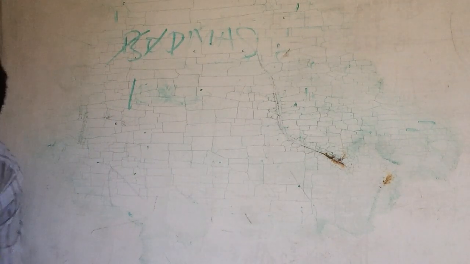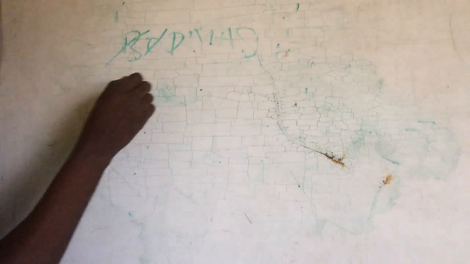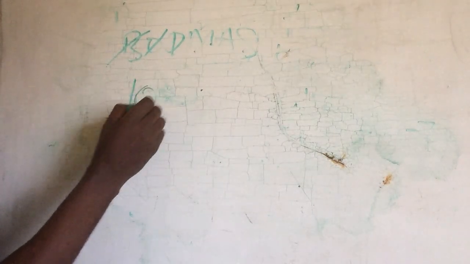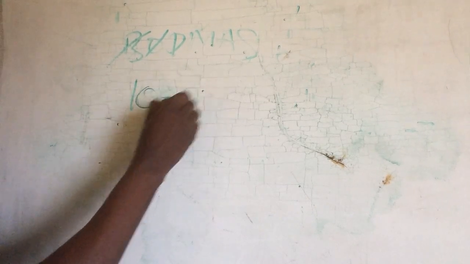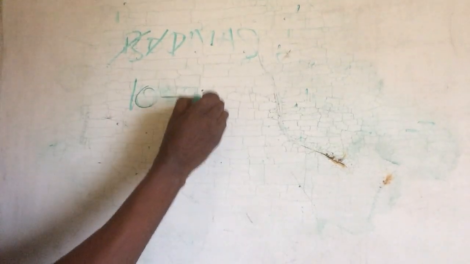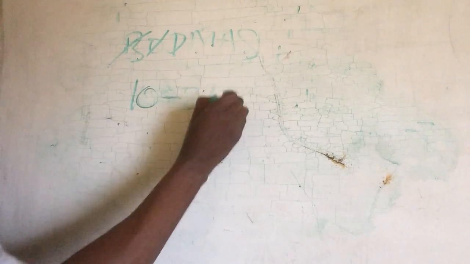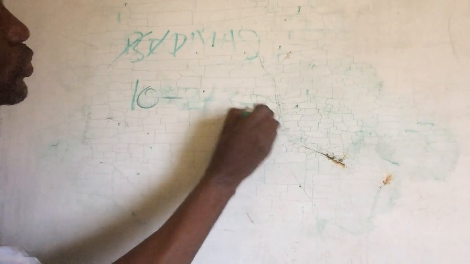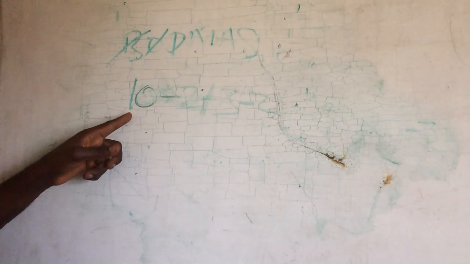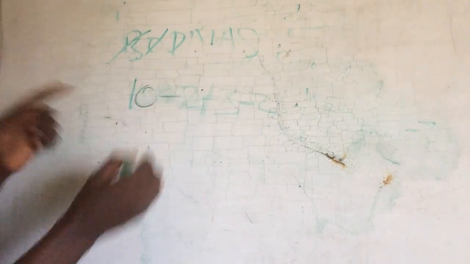Okay, so just be pondering on what I've said. 10 divided by 2 plus 3 minus 2.